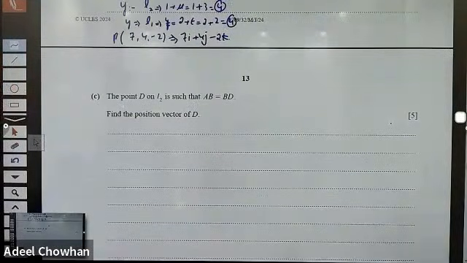The point D is on the line L2 such that AB is equal to BD.